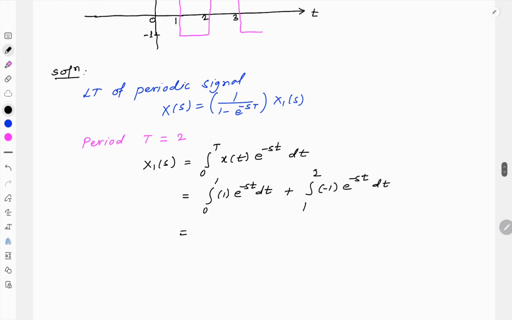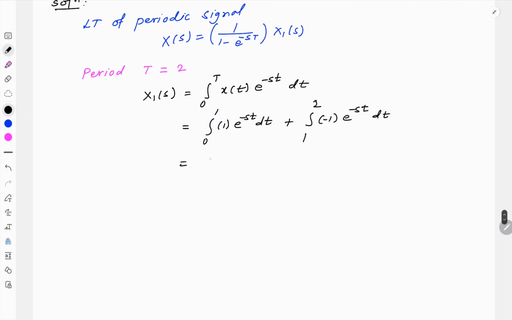So let us further simplify it. Integration of e raised to minus st is e raised to minus st upon minus s with the limits 0 to 1. Now here we have minus 1, so we can take the minus sign out of the integration, and the remaining integration of e raised to minus st is e raised to minus st upon minus s with the limits 1 to 2.